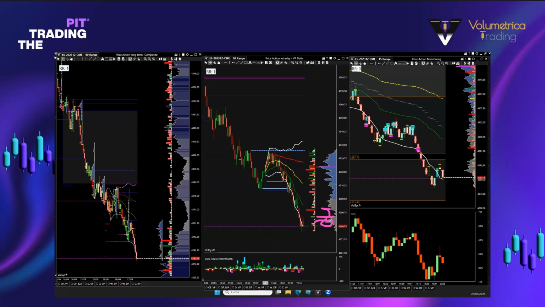And as we said last time, low volume areas can identify areas of rejection as well as areas of quick traverse, price quickly traversing those areas.